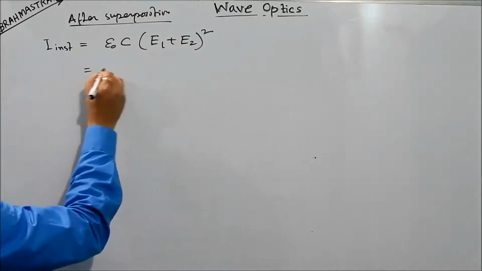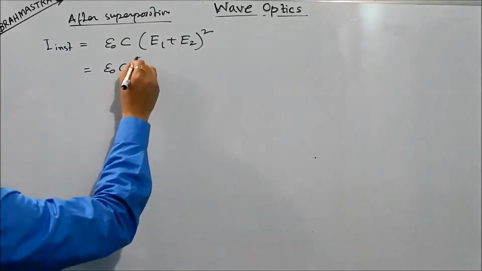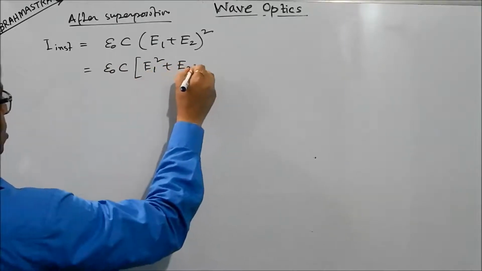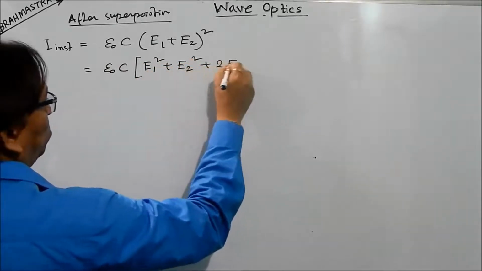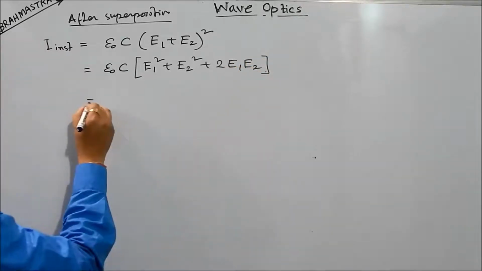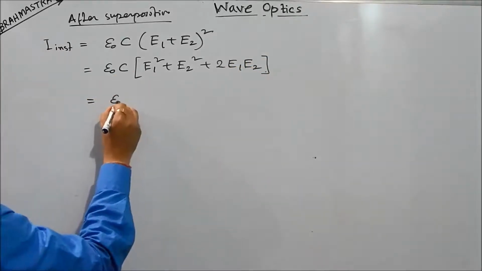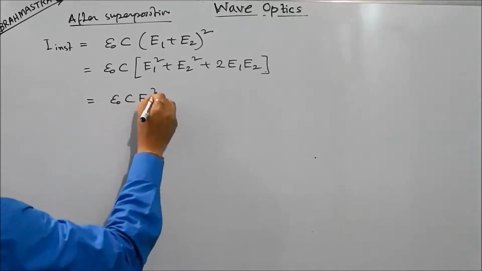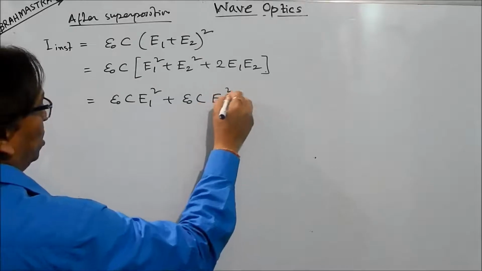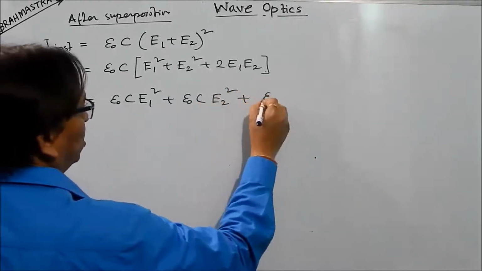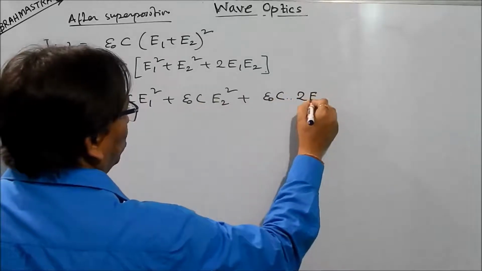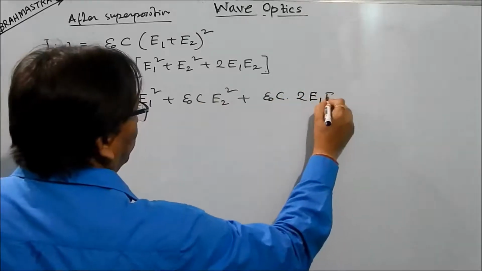Okay, so this will give epsilon naught C times (E1 square plus E2 square plus 2 E1 E2). Multiplying this out, we get epsilon naught C E1 square plus epsilon naught C E2 square plus epsilon naught C into 2 E1 E2.